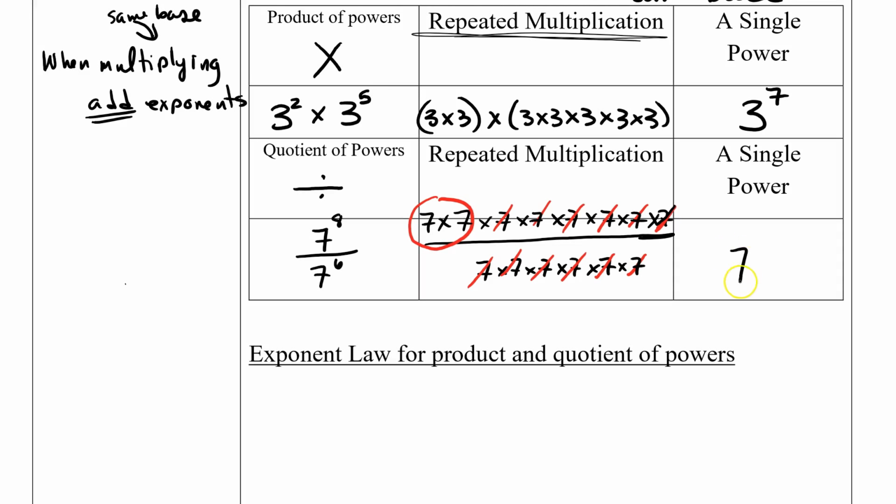But look at that, it's 7 to the power of 2. How do we get from 8 and 6 to 2? 8 minus 6 is 2. So when dividing, subtract exponents.